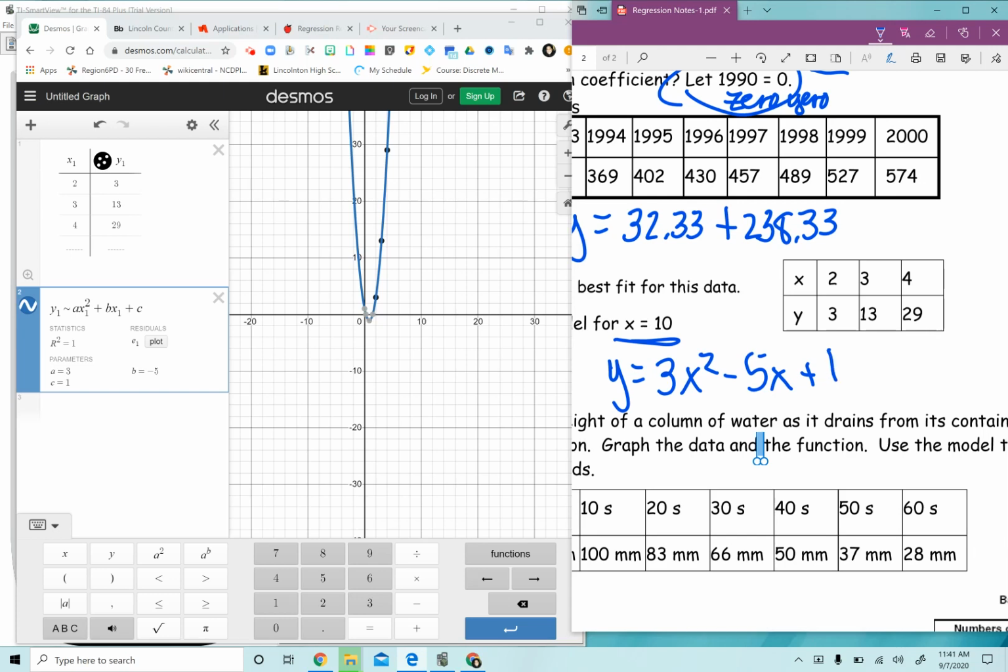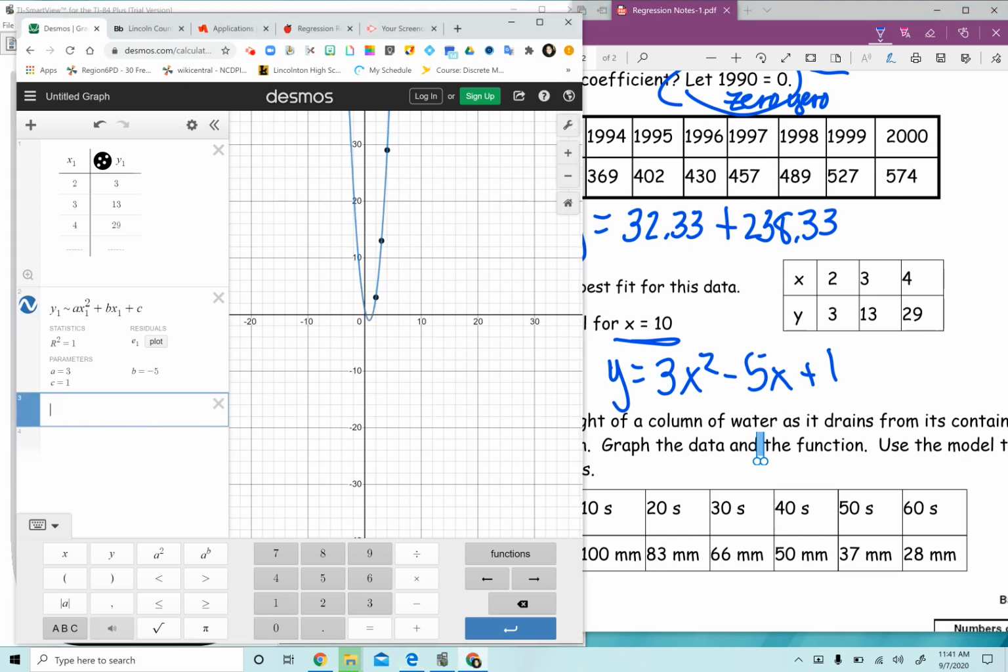And we're going to plug in 10 here. So we would say 3 times 5 squared. Remember, we're using function notation. So everywhere x is becomes a parentheses, plus 5. Minus 5. And we're plugging in 10.